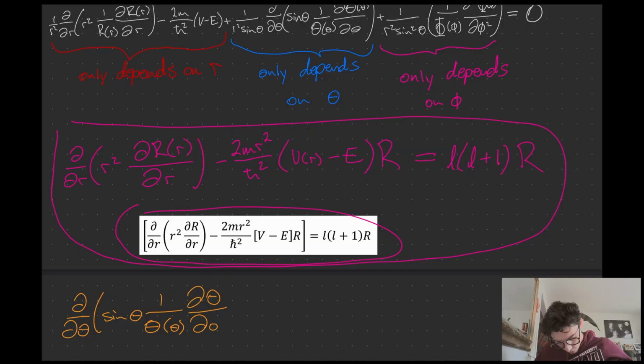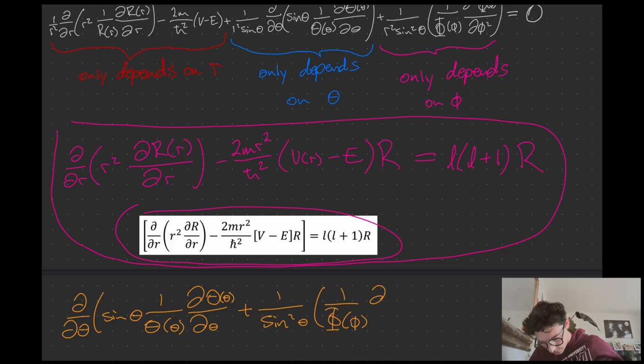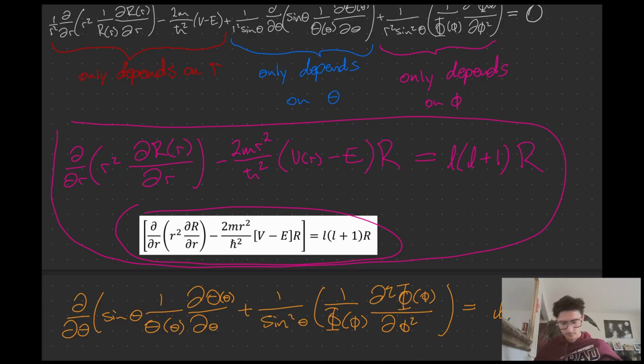Partial theta of theta plus sine squared theta. We got rid of the r squared from before, remember? Here we have a 1 over phi, and a second derivative of the phi function with respect to phi. This equals L plus 1.